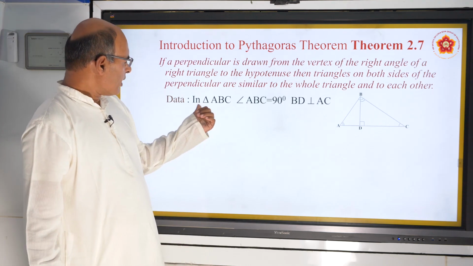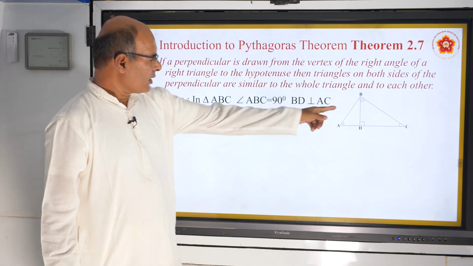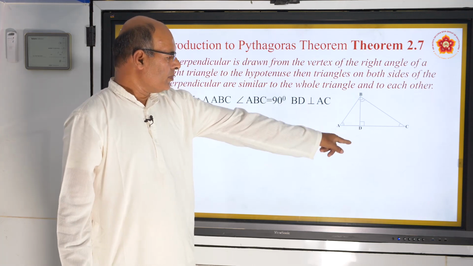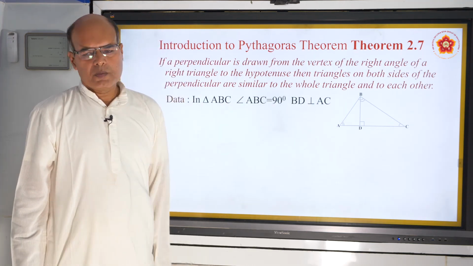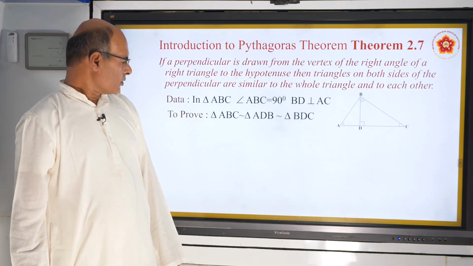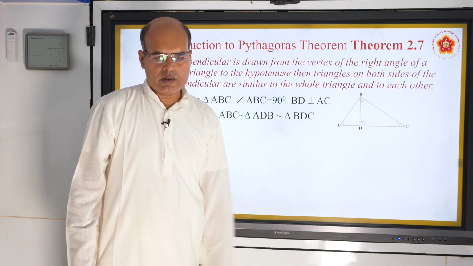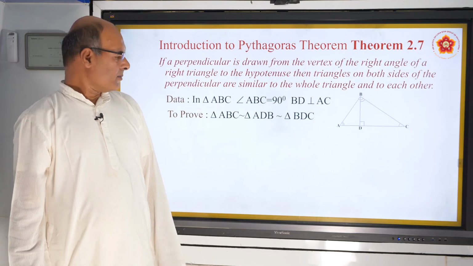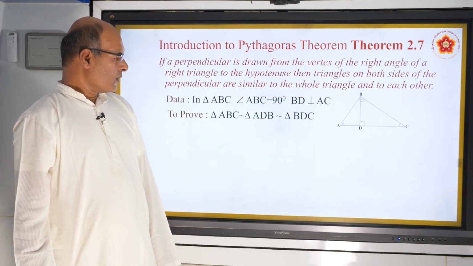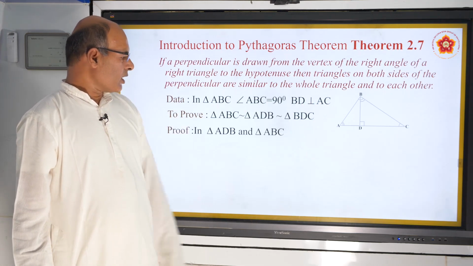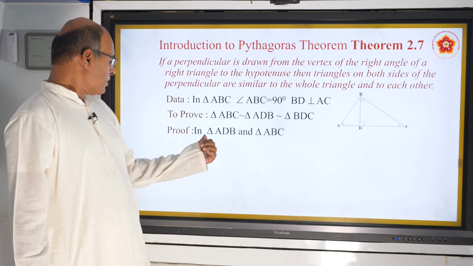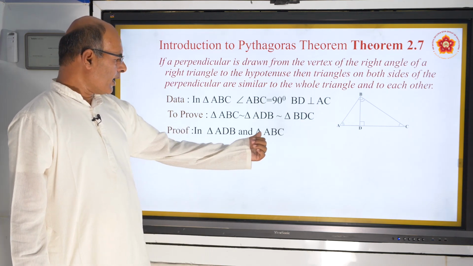So data: triangle ABC is a right angle triangle with angle B equal to 90 degree and BD is drawn perpendicular to AC. So we have to prove that all these three triangles, the big triangle and the two small triangles, are similar. So let us take one small triangle and one big triangle. Let us consider triangle ADB and triangle ABC.